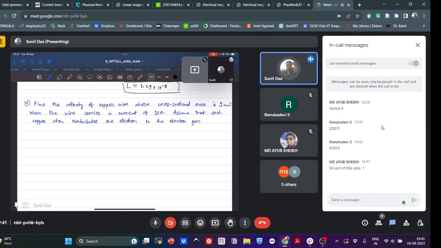So we need to find the velocity of a copper wire whose cross sectional area is 1 millimeter square and the current is given as 10 ampere.